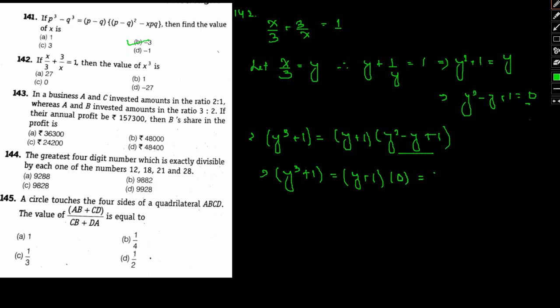So therefore y cube will be equal to minus 1. So y cube, which is x by 3 whole cube, equal to minus 1. Therefore x will be minus 27, or option D will be the answer. I hope this is clear.